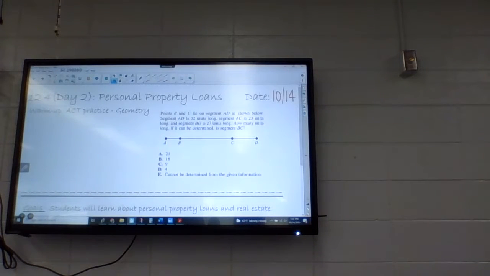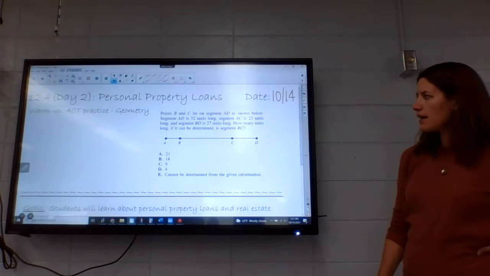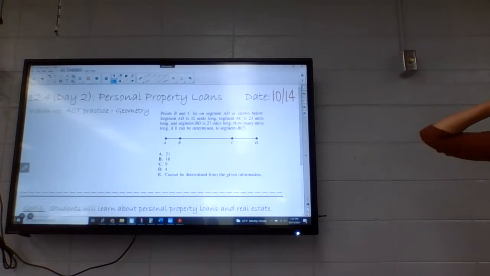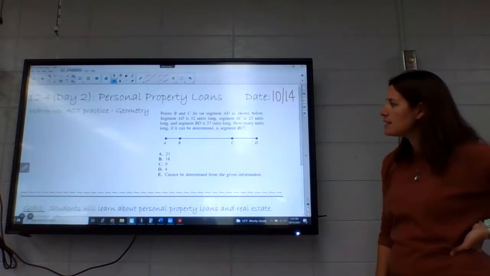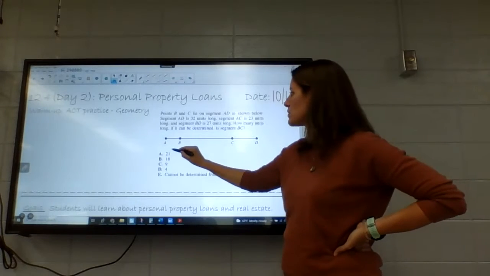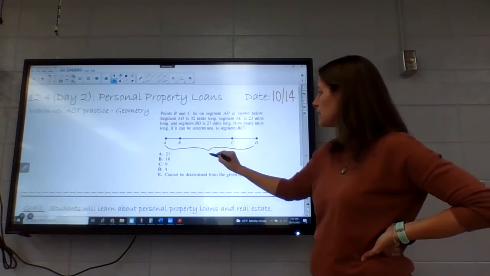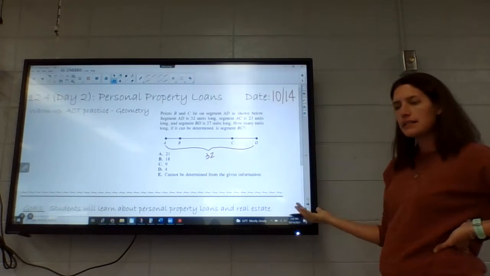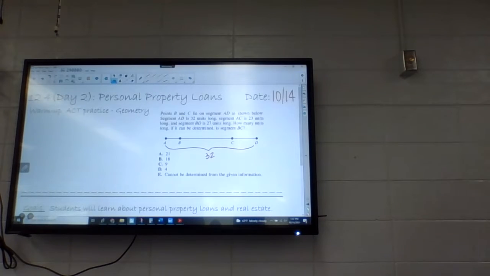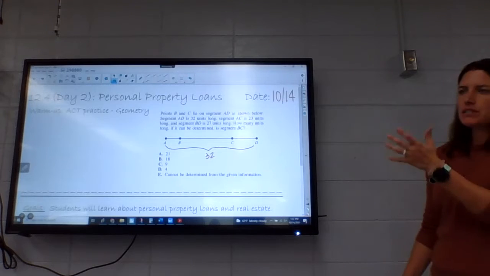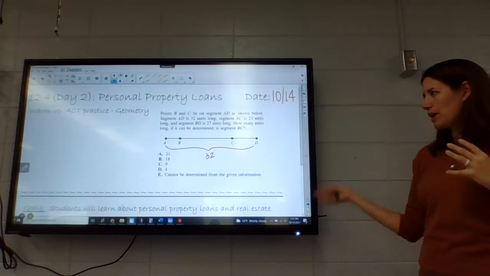So, the warm-up question tells us that points B and C lie in segment AD, and AD is 32 long, so that's this whole thing. On an ACT type question, or any multiple choice question, I think some people tend to look for an answer that makes sense and guess really quick. On something that has a drawing, I would love to mark it up so that I can tell what's going on with it.